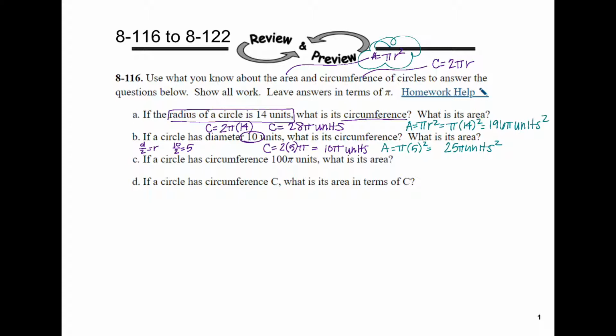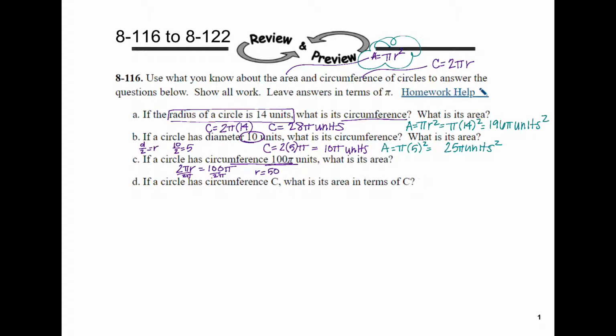If a circle has a circumference of 100 units, well, I know circumference is 2 pi r, so I can set that equal to 100 pi. I can divide by 2 pi, so my radius is 50.